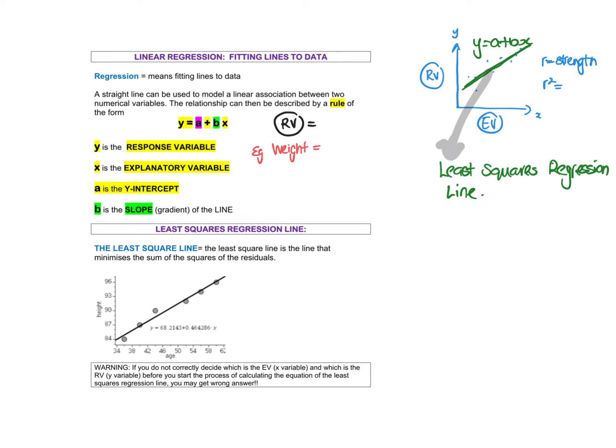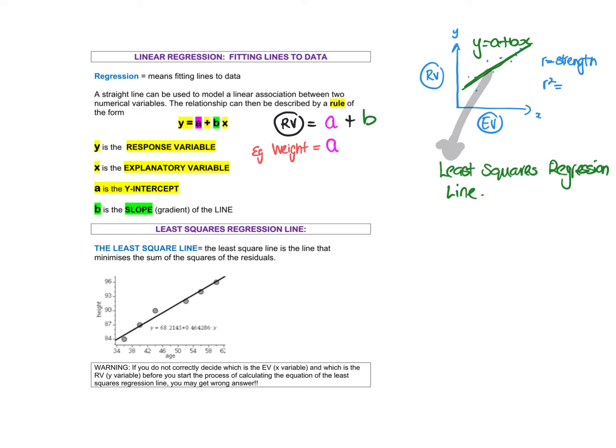Now, this A value will be a number that we get off our calculator. Then we'll have plus, and this B value is known as the gradient, and it's another value that we'll find off our calculator.